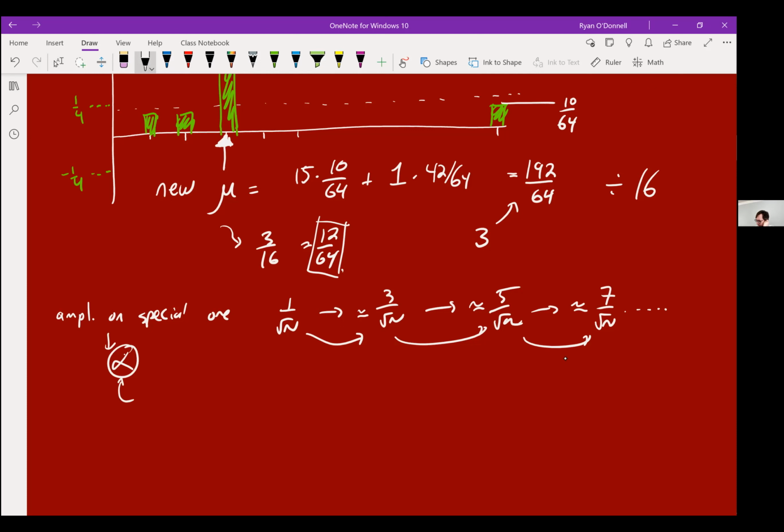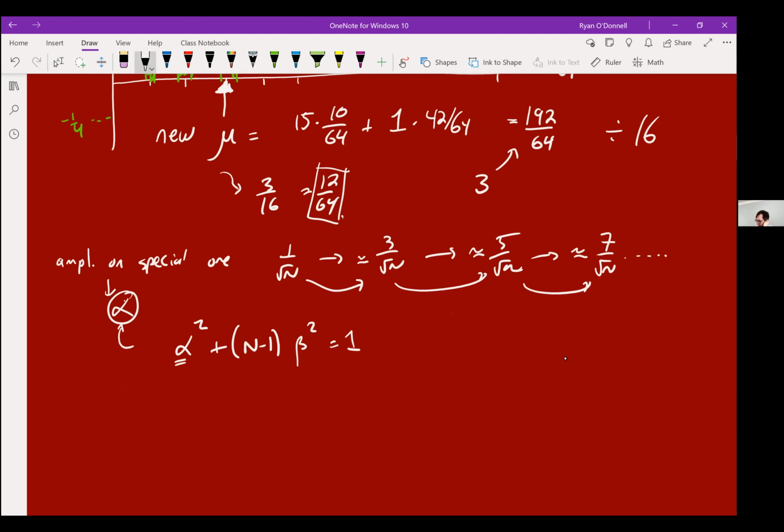We know that alpha squared plus n minus 1 times beta squared is 1, if beta is the other amplitude. So if you think of alpha as a known quantity, beta squared is 1 minus alpha squared over n minus 1. So beta is the square root of 1 minus alpha squared over n minus 1.